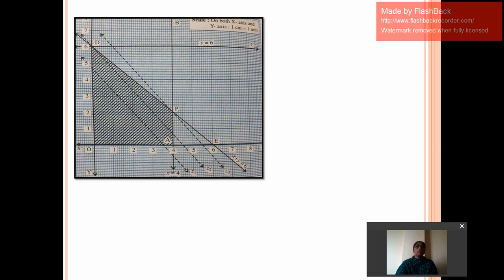Third constraint, x plus y less than or equal to 6, also below the line. In order to find the feasible region, both the constraints are less than or equal to, so the feasible region should be below the 3 lines.